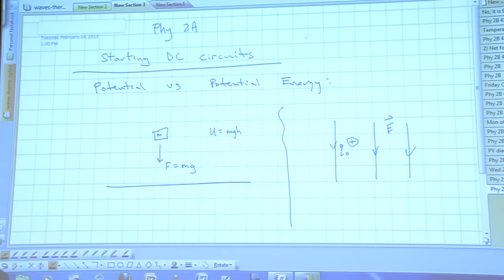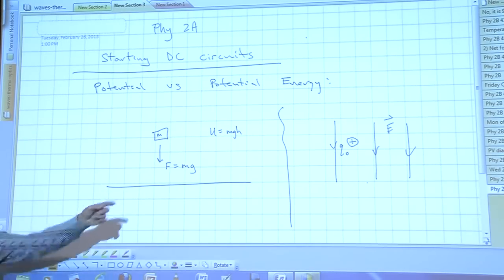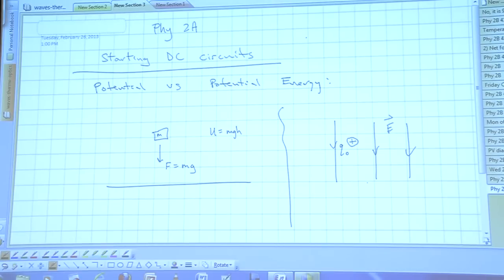So there's a force in an electric field. That positive charge is going to feel a force on it if it's in an electric field. A positive charge feels a force in the direction of the electric field, right? And that force is equal to its charge multiplied by the electric field, just like F equals mg, the mass multiplied by the gravitational field.